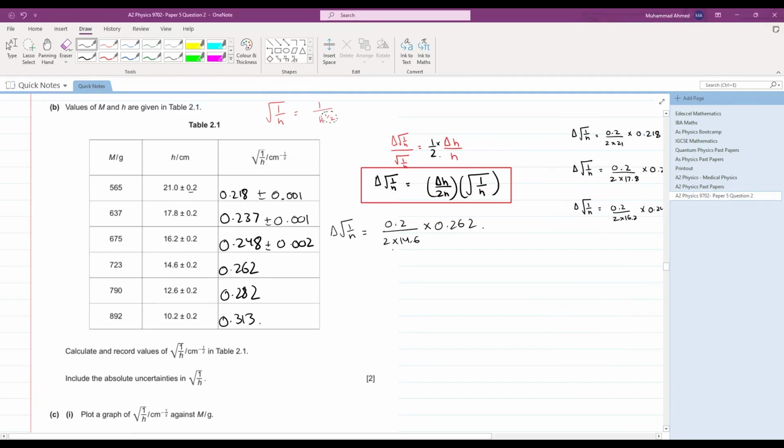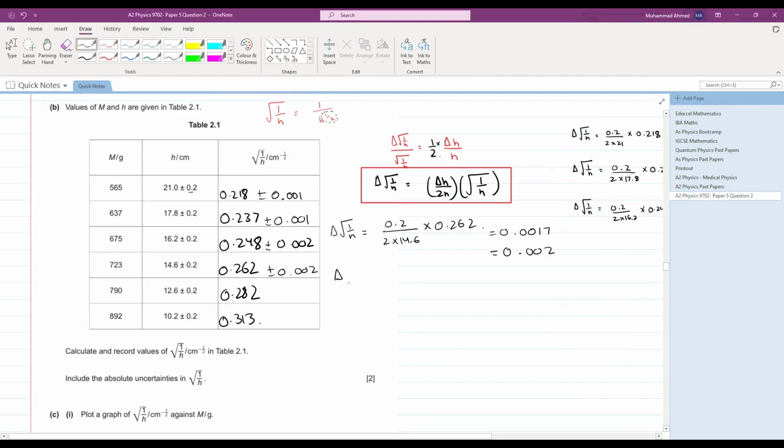Let's calculate this value. 14.6 multiplied by 0.262. This comes out to be 0.0017. Again, this will be converted to 0.002. Perfect. Write it here, 0.002.